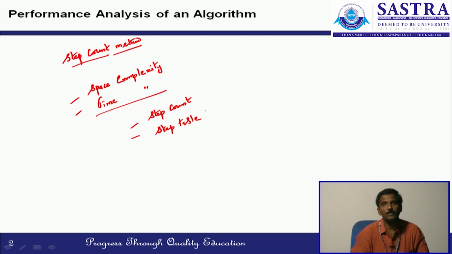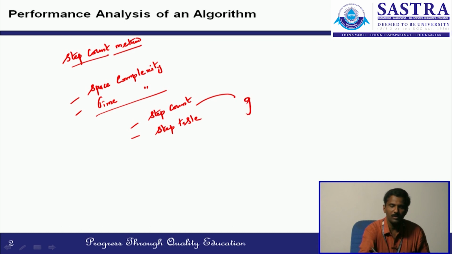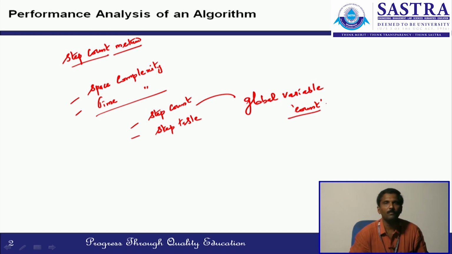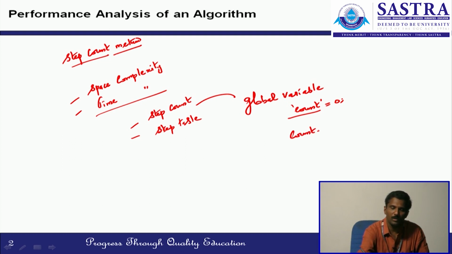In the step count method, we have defined a global variable count. The global variable count is initially set to a value 0. Whenever we have an executable statement or the corresponding instruction step, a program step, we need to increment the count by 1. Count is equal to count plus 1.